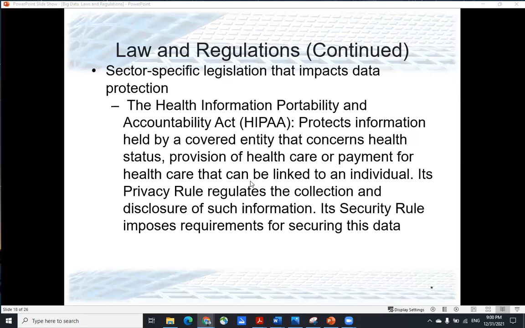For example, if you call a doctor's office about getting a medical report, they're not going to email it to you. You might have to log into a dashboard or an encrypted website with a strong password, where you're able to view your personal healthcare data. It also deals with payment information, because payment information could tell people who you are just by looking at it.